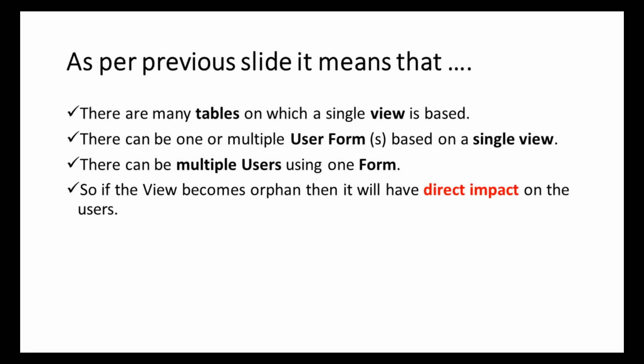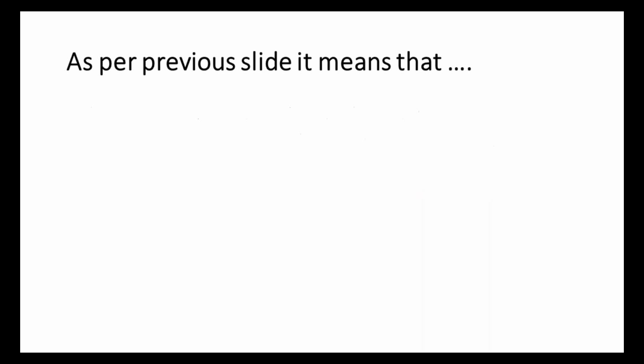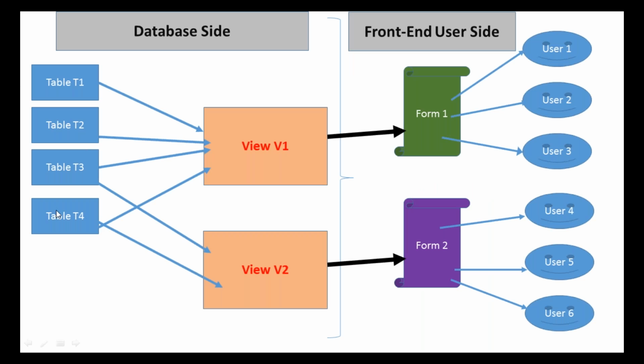If I drop the table, the view will become orphan. That is, it will become invalid, which will directly affect the front-end applications. So let's say table 3 is dropped, then the applications which are using the view V2 are affected.